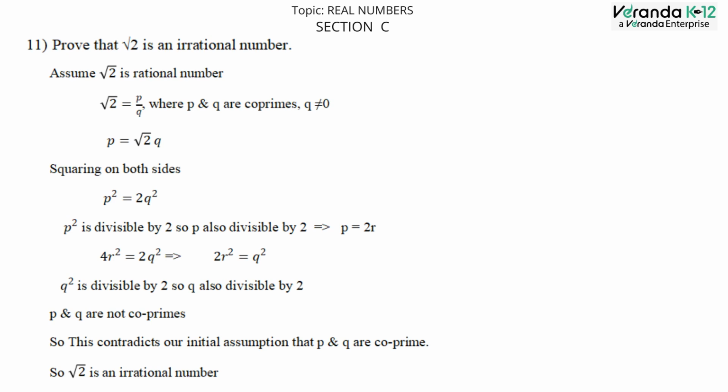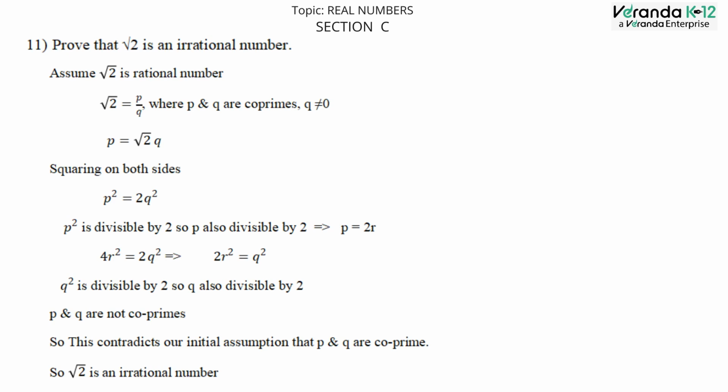From this we can say that p² is divisible by 2, so p is also divisible by 2. Therefore, p can be written as 2r, where r is some integer. Substituting this in the previous equation, we get 4r² equals 2q².